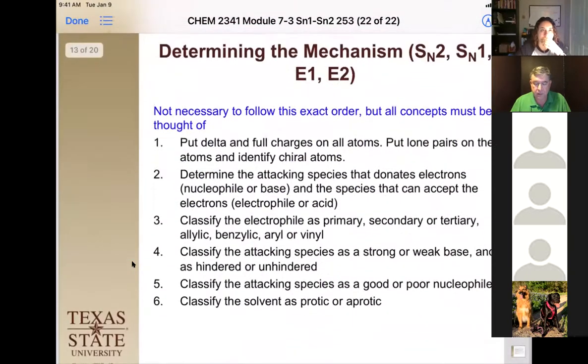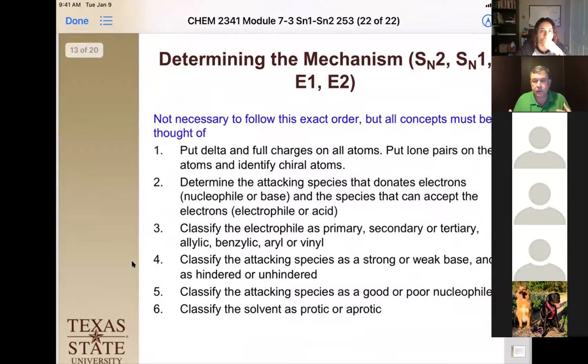Okay. So it doesn't have to be exactly in this order, but it really helps to know the different things you can look for. And when you know the different things you can look for, that can help you say, okay, it can't be that one, can't be that one, can't be that one, that's the only one I have left. So this is an order of elimination based on what you see in the system.